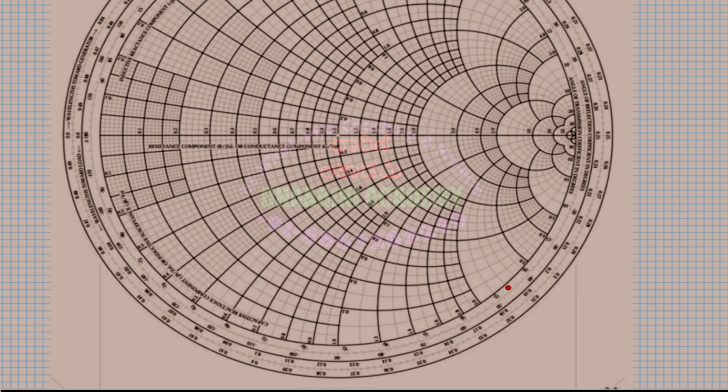So 2.5, I am expecting this point. Okay, so this is the Z in that is given. Now, as usual, I directly draw the line connecting the center to this, so from the origin, draw a line passing through this point.